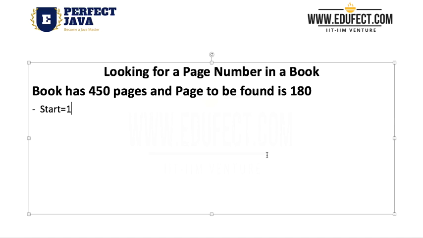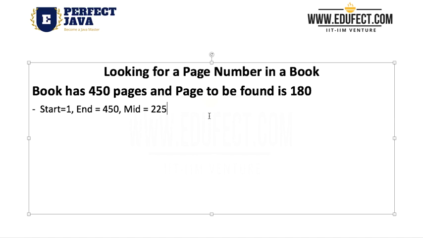Start page is say 1, end page we know is 450. So the middle will be 1 plus 450 divided by 2, so it is 225. Once we open at 225, we know that 180 is less than 225.